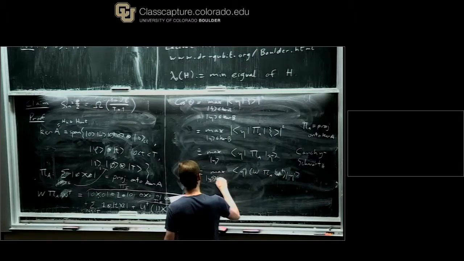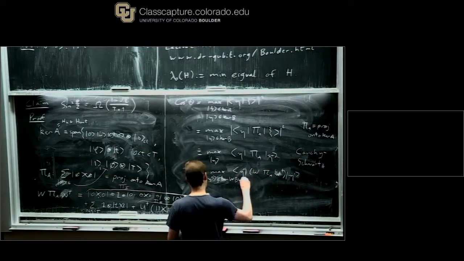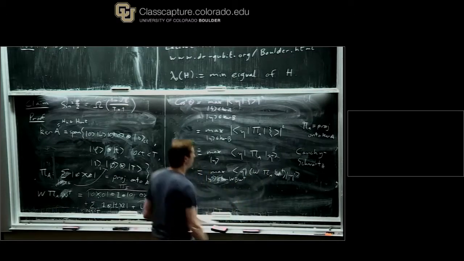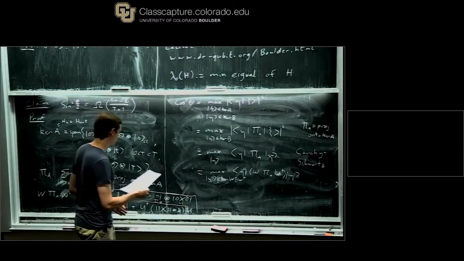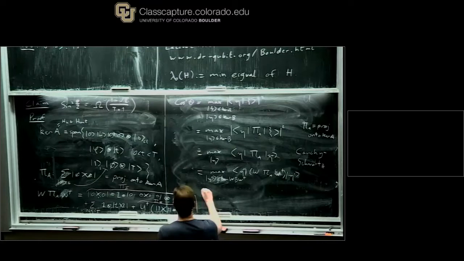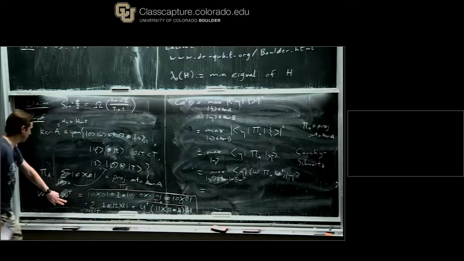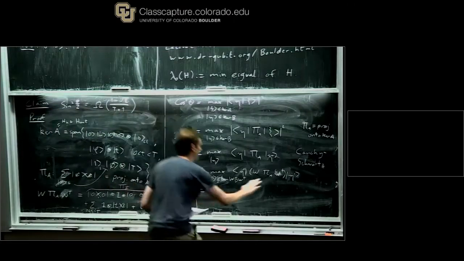Eta primed has to be in the kernel not of B anymore, but of W B W dagger. Okay, so I've just rotated, changed basis by W. Now let's expand this out. I know what W pi A W dagger looks like. We worked it out earlier. In that basis, pi A takes a nice form.